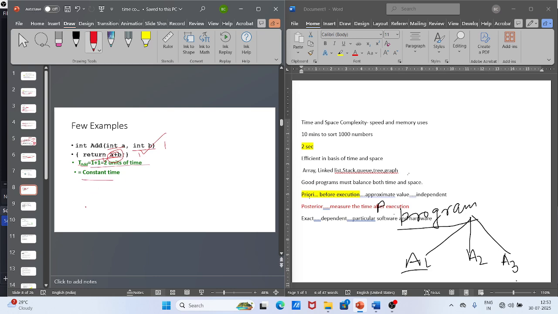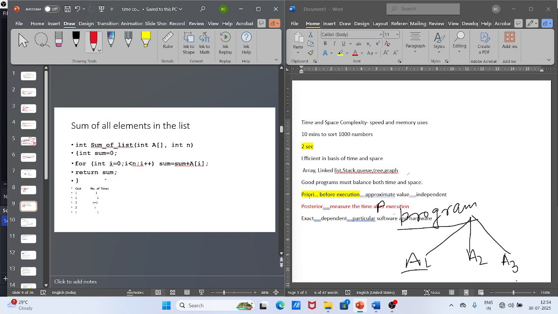This is a constant time. This code performs 1 addition and 1 return. So we say it takes 2 units of time, since this time does not depend on the size of the input. It is a constant time. So the time complexity is order of 1.